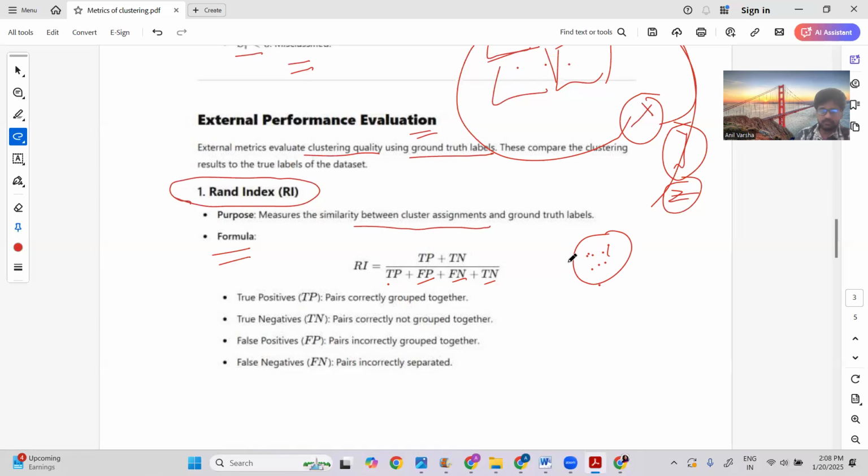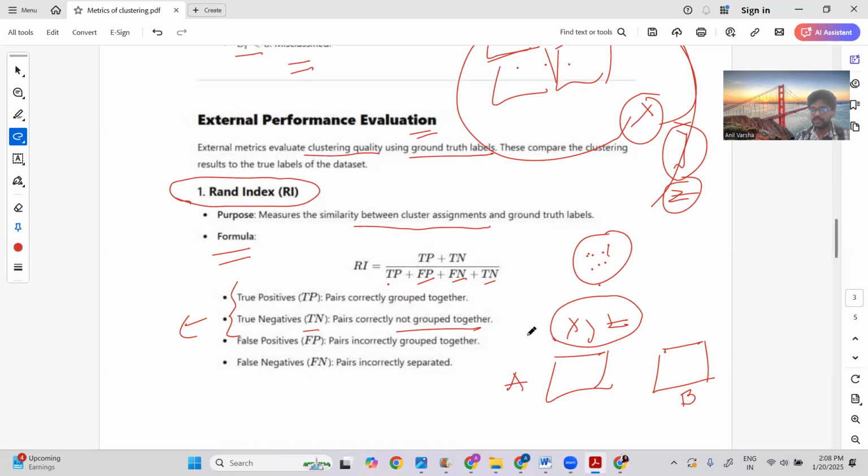The next thing is true negative. What is true negative? Pairs correctly not grouped together. See, X, Y, Z are three data points, and there are cluster A and cluster B. X, Y, Z should be classified to A. Yes, X, Y, Z belong to A. Of course, it's true positive.